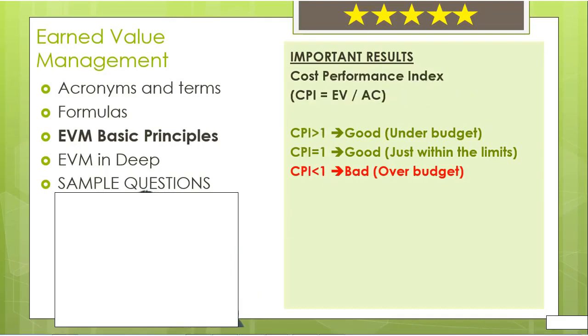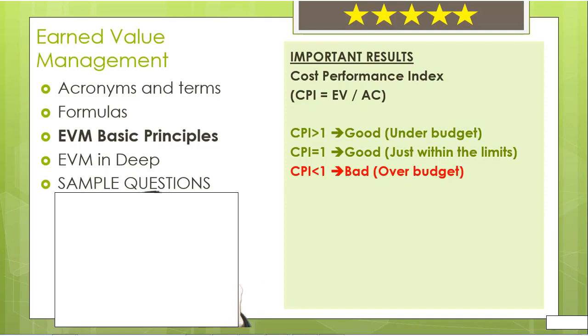Cost Performance Index. Cost Performance Index formula is earned value divided by actual cost. Essentially, Cost Performance Index and cost variance are telling us if we are under budget or over budget. The only difference is cost variance tells us about the budget by means of dollars, but Cost Performance Index tells us about the budget by means of percentage.